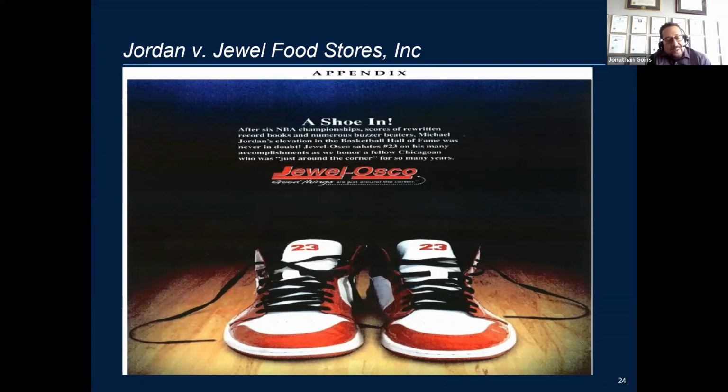I wrote an article on this with Professor Stephen McKelvey a while ago, and I interviewed one of the lawyers for the Jordan team, and they said what really got the lawsuit going and allowed them to be successful ultimately was the use of the Jewel Osco logo so closely intertwined with Michael Jordan's name and his image itself. That kind of tipped the scale.